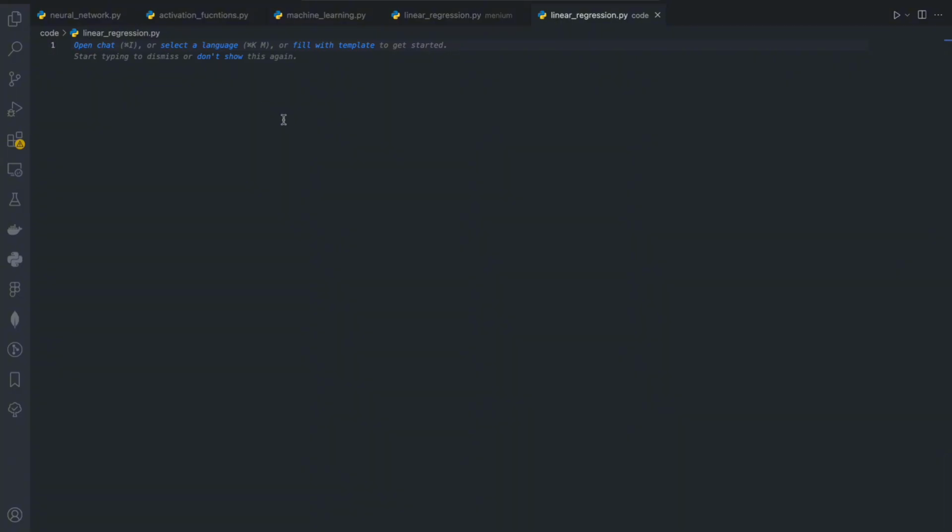Okay, so now let's implement the example in Python. So that will be raw. We don't need any library, so we will do this by raw code. First create the x, which was 1, 2, 3, 4, and 5.